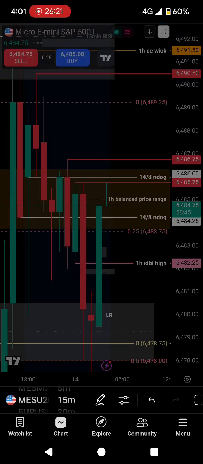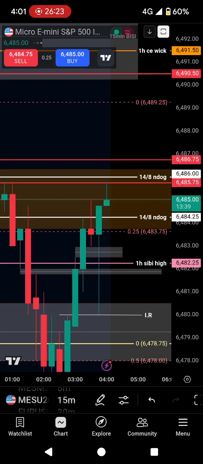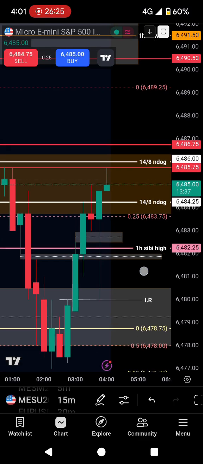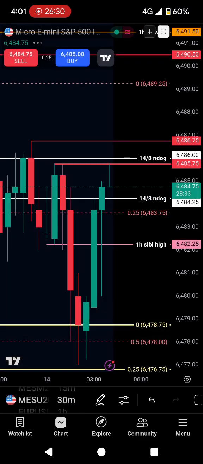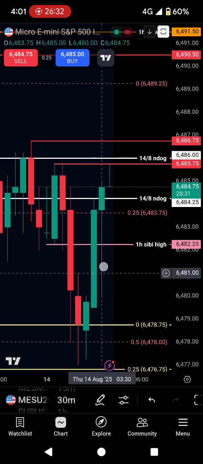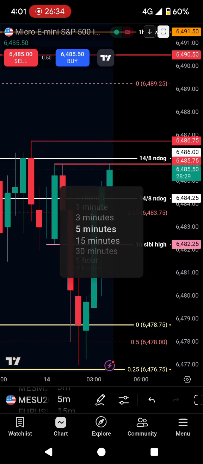Still got half an hour. Let me set the timer first. So bullish 30-minute immediate rebalance, which is here. Look for the buy side above here right now.